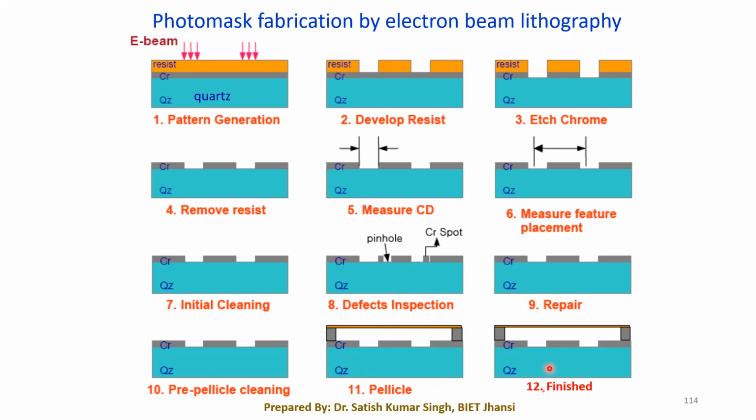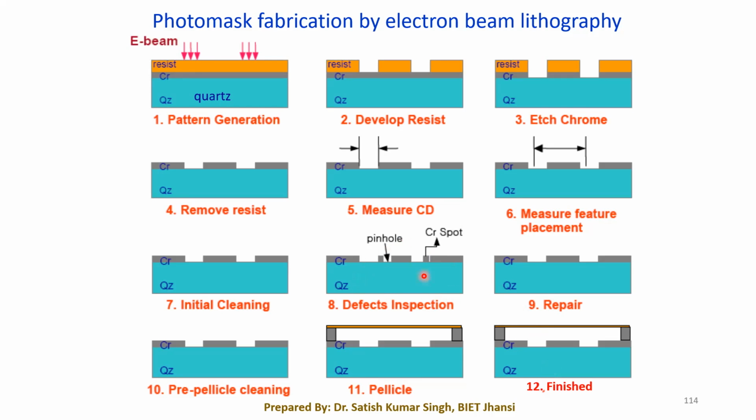Another way of making the photo mask is, as we know, because we are talking about microns, sub-microns, even the nanometers range. You can understand the feature size of any ICs that we are making is very small. So when we are talking about a photo mask of the same size, inspecting such defects is very difficult.